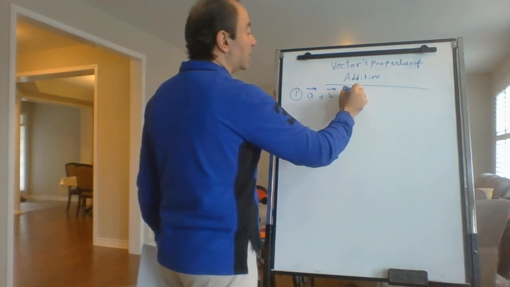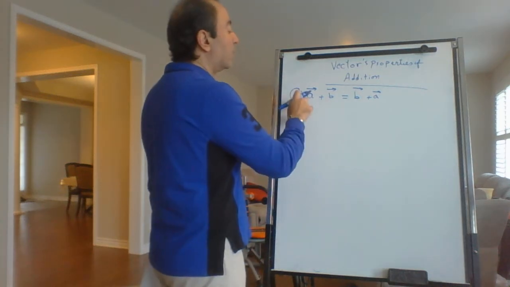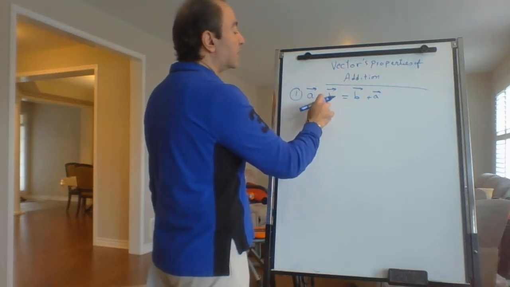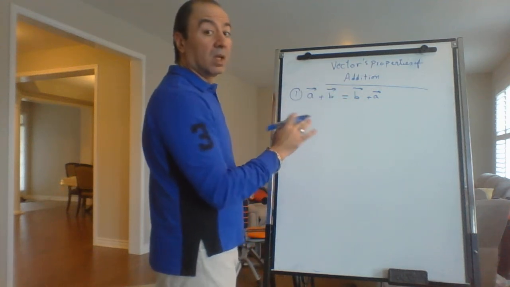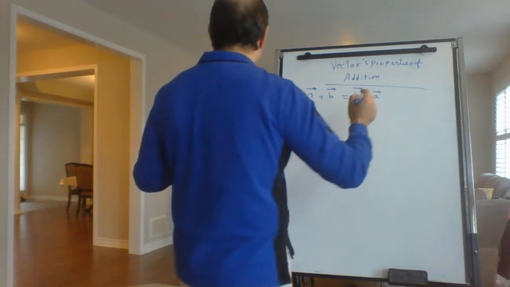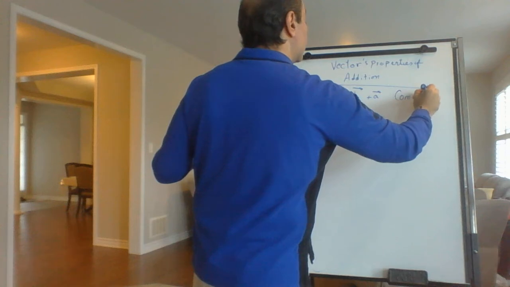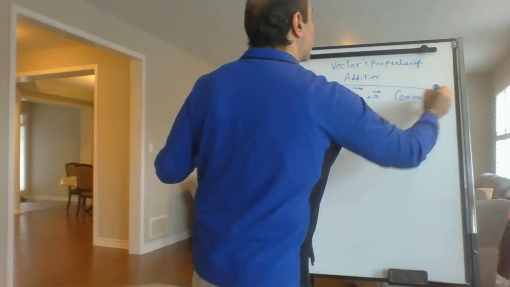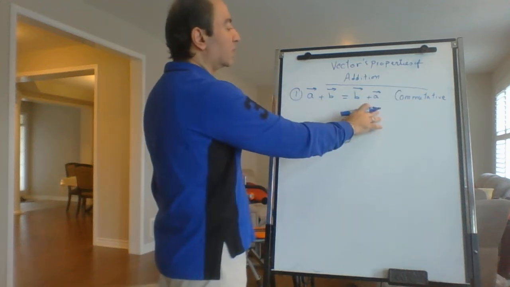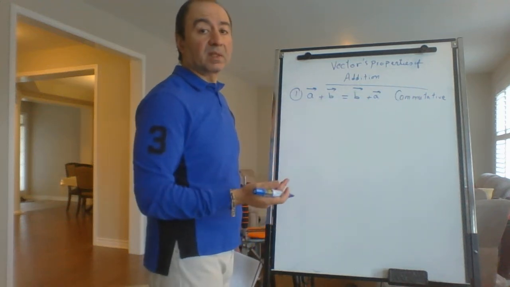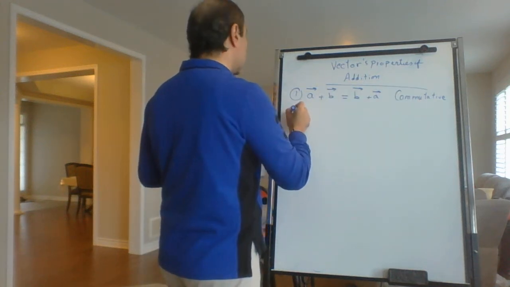Vector A plus vector B is the same thing as vector B plus vector A. Or vector A minus vector B is the same thing as negative vector B plus vector A. So it doesn't matter which vector we start with, and this is called commutative property. Please remember those names because sometimes I ask multiple choice questions. I give you something like this and say name the property. So remember commutative. Doesn't matter which one you start with.